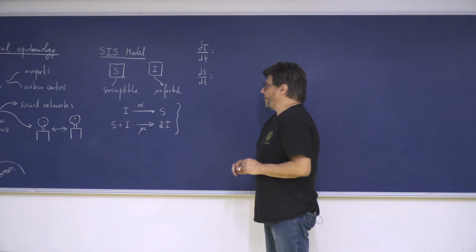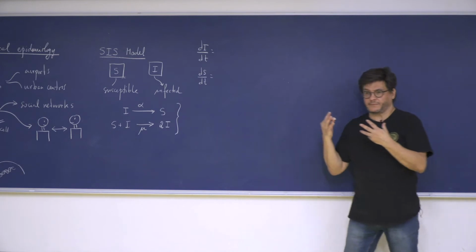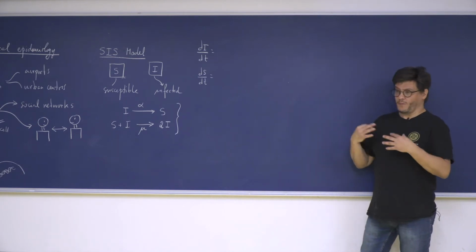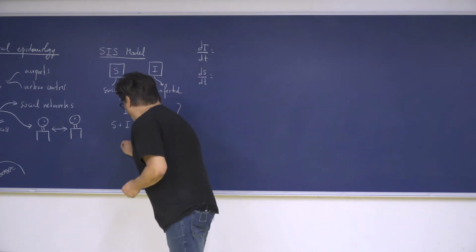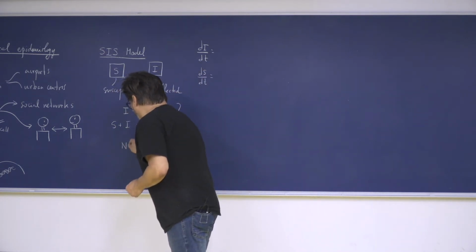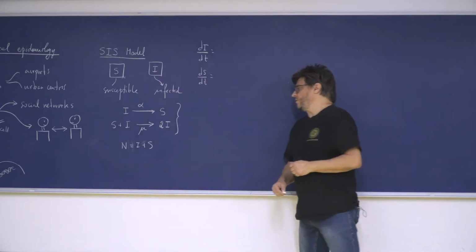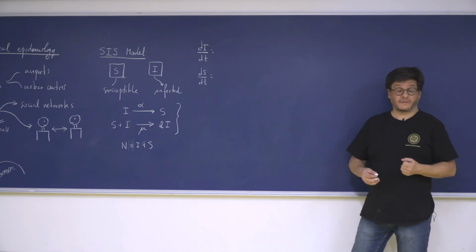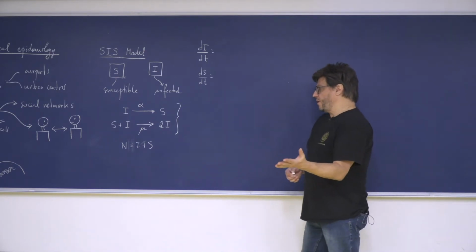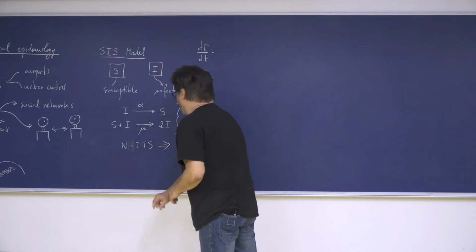So I'm going to make another assumption. To make the model simpler, I want to normalize it. You have a population, the total population is the sum of I plus S. I'm assuming this is constant. And I want to consider normalized populations to make things simpler.